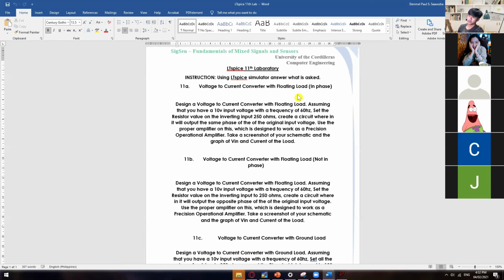But in the future, as the time comes that you're going to create those schematics, maybe that's the time that you have a lot of questions. So good luck in finding those answers, since maybe this is your first time encountering this kind of problem. Again, before it was super easy in midterms, but in finals it's now quite difficult. So you have to know the concept of a certain amplifier.